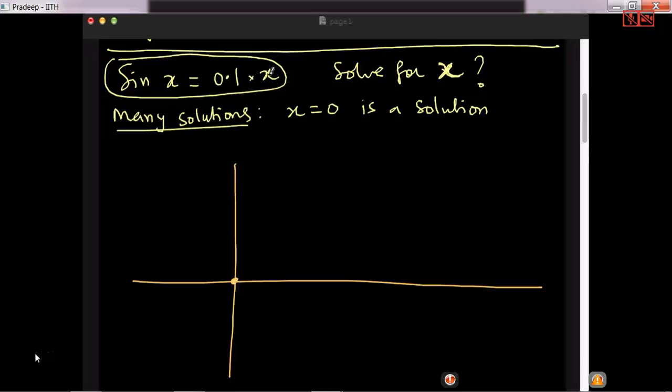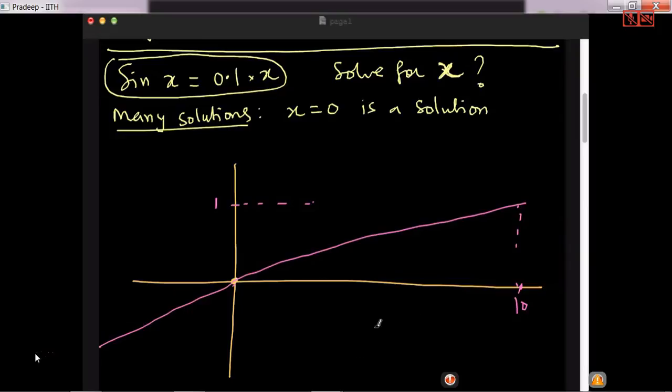And if I substitute x equal to 10, 10 into 0.1 is y equal to 1. So let's say this is 1, and somewhere here, x equal to 10. So this is the line that I'm going to get. Of course, the same line will continue in the minus x-axis direction.